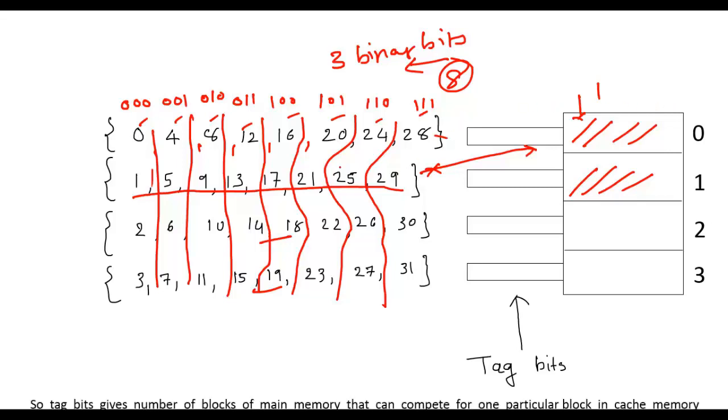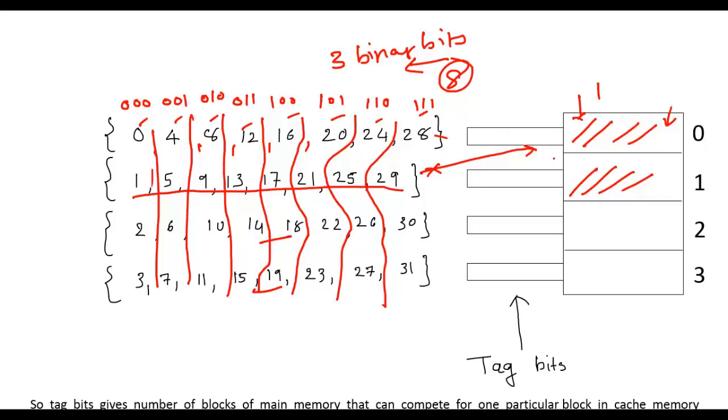Understand it in this way: these are the blocks 0, 4, 8, 12, 16, 20, 24 and 28. Now all these blocks are in a competition to acquire space in the zeroth cache memory block.